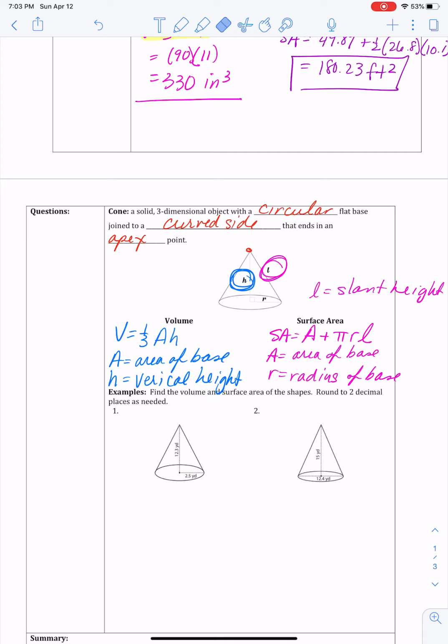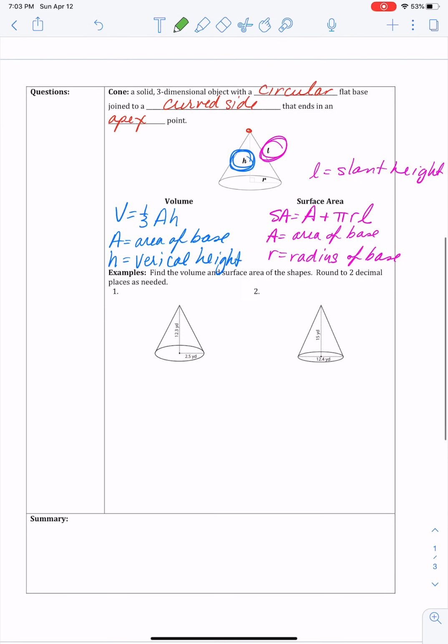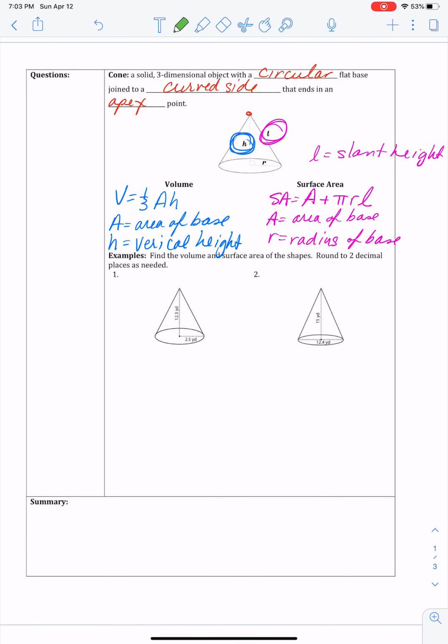So as we do this, our first step will be to decide what we're looking for. So I'm looking for volume and surface area of both of these next two examples. So I'm going to identify things.